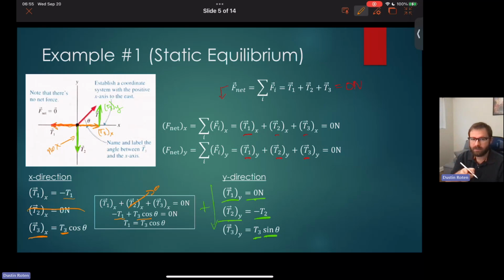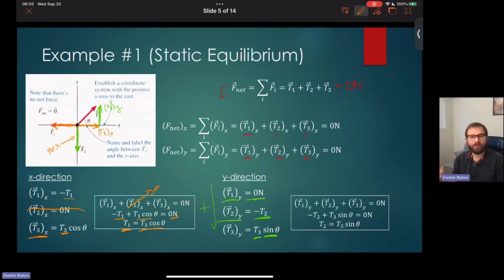We know this has to equal 0. If we just do some simple rearranging, essentially just move T1 to the other side, we see that all of that tension from Avery pulling in the negative x direction has to be canceled out by just your x component, so just the x component of T3.